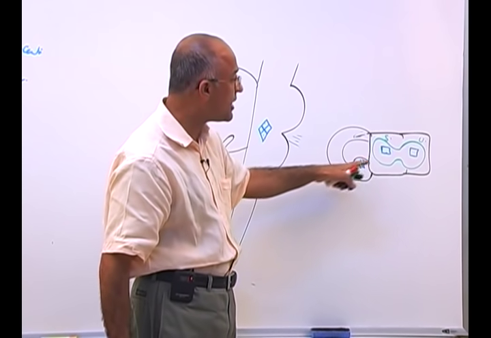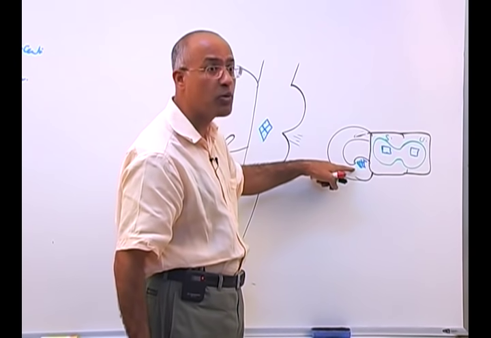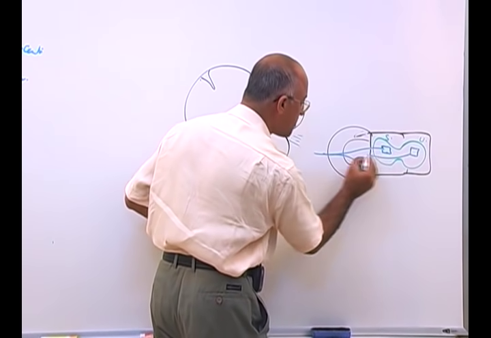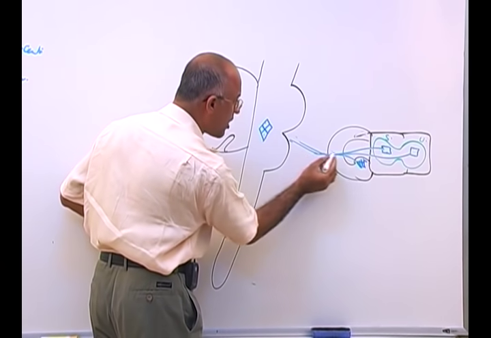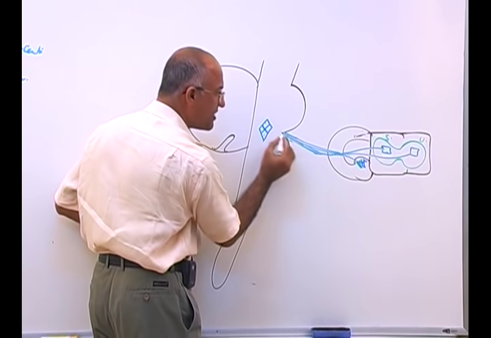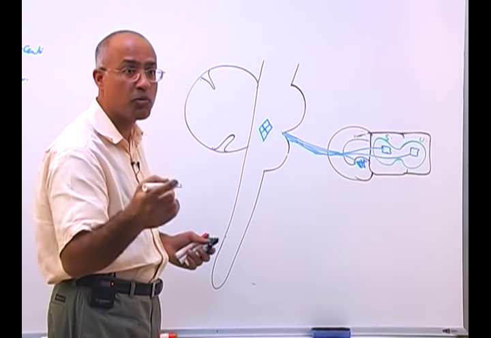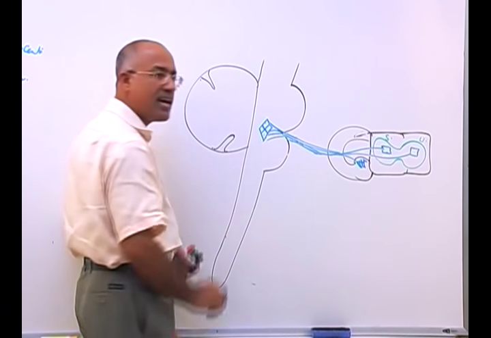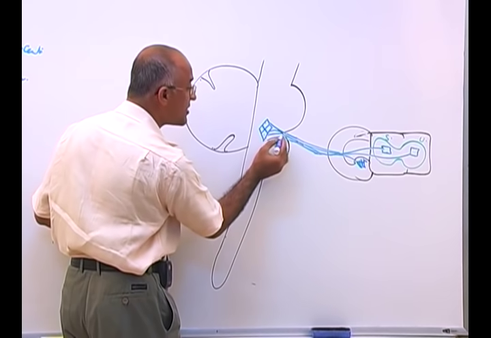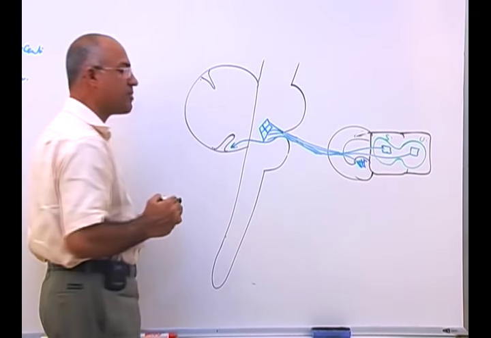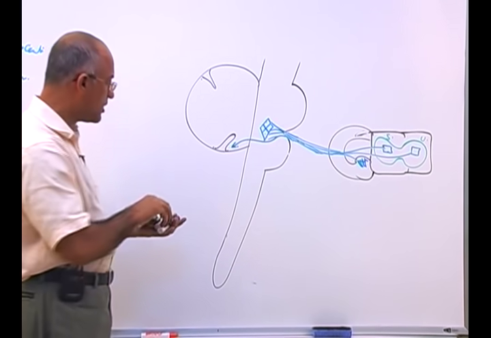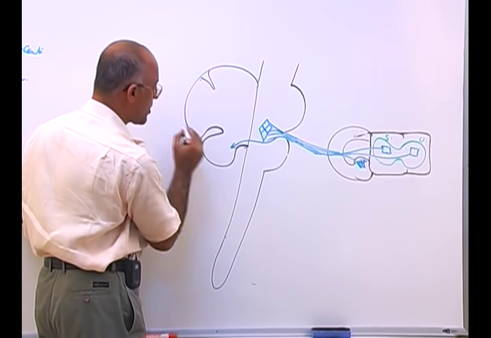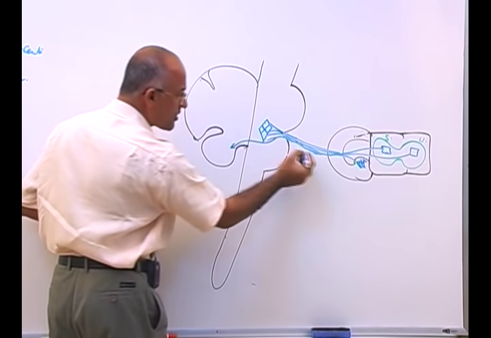So what really happens is, depending upon your head balance, angulation or movement, action potentials are generated in this sensory epithelium, and they are brought to the brainstem by the vestibular part of the vestibulocochlear nerve. Some of these fibers end in the vestibular nuclei, and some directly enter the cerebellum.